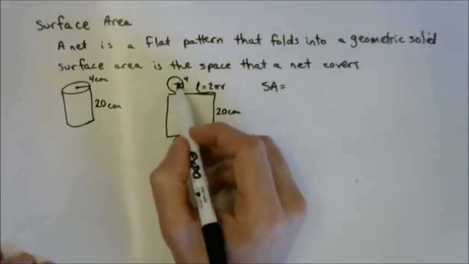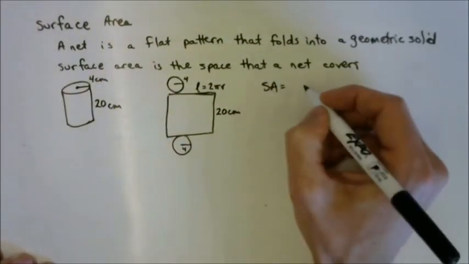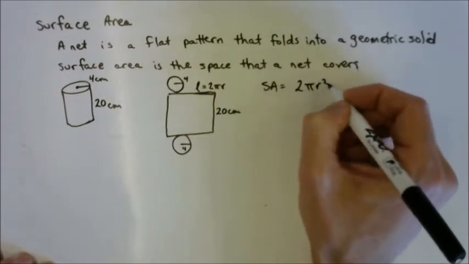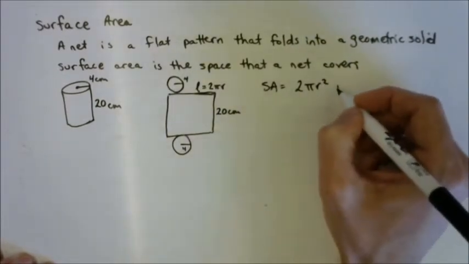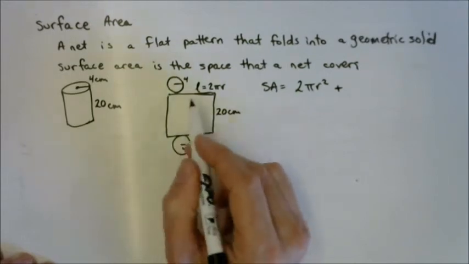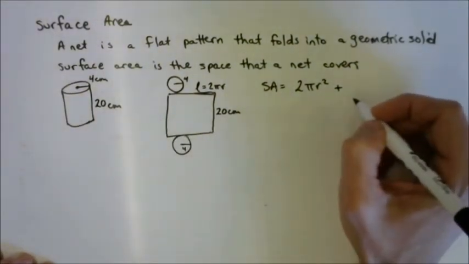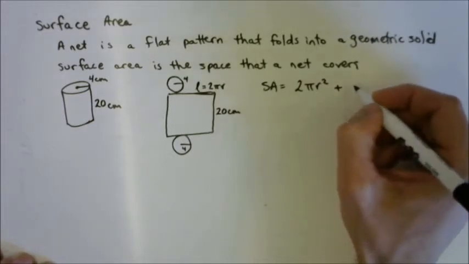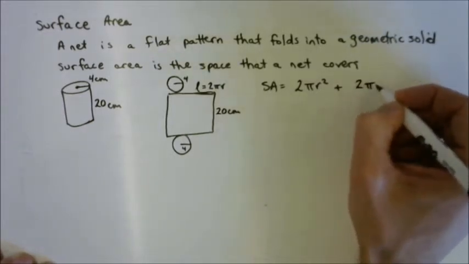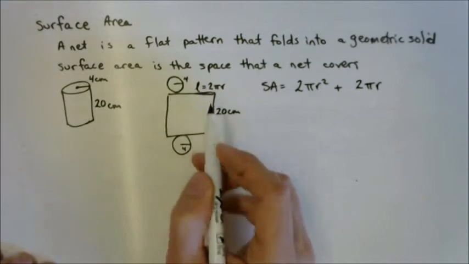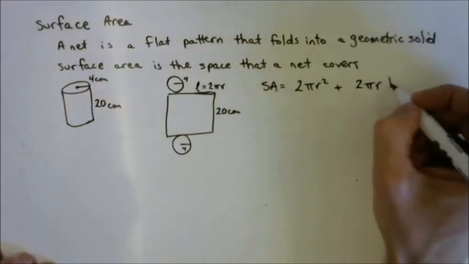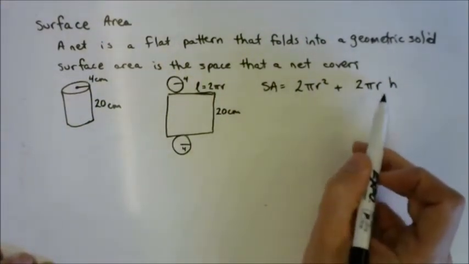So the area of this circle is pi r squared, the area of this circle is pi r squared, so I actually have 2 pi r squared. And then I'm going to add the area of this rectangle. Well, the rectangle is length times width, right? In this case, 2 pi r is the length, and the width is actually the height of the cylinder.